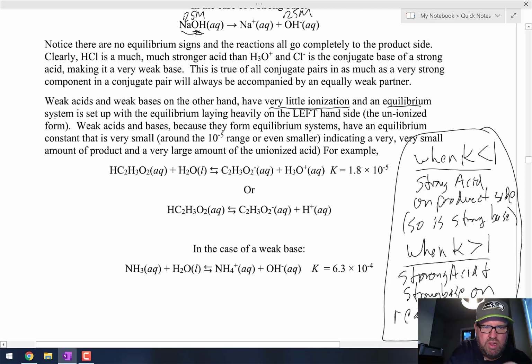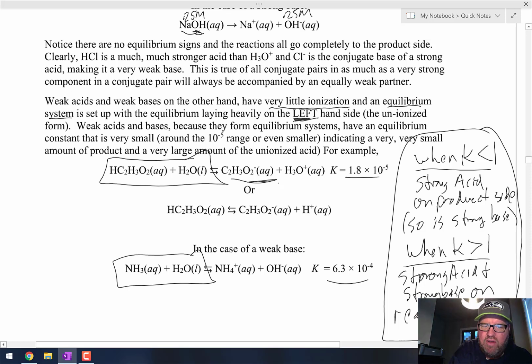There is an equilibrium system set up, and typically that lies heavily on the left-hand side, the unionized form. So in most weak acid, weak base situations, because that equilibrium is so small, it means that you have mostly reactants. Okay, you have very, very little of this, very, very little of this.